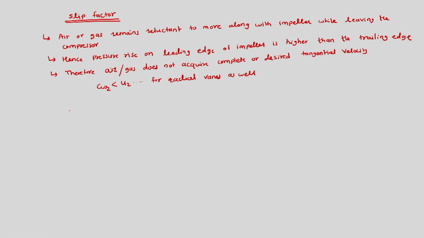Hence, we have to define a slip factor, which is the ratio of Cw2 divided by U2, and this can be related through a correlation with the number of vanes, as 1 minus 0.63 pi divided by n, where n is the number of vanes. Due to this slip factor there is a change in work input.